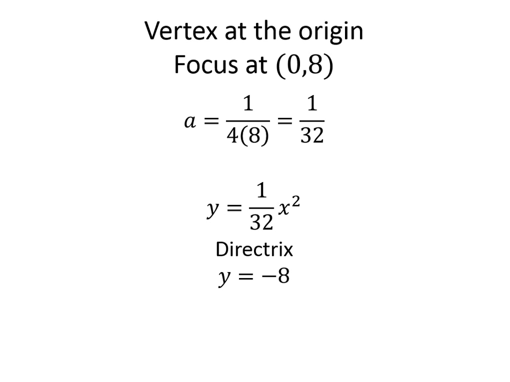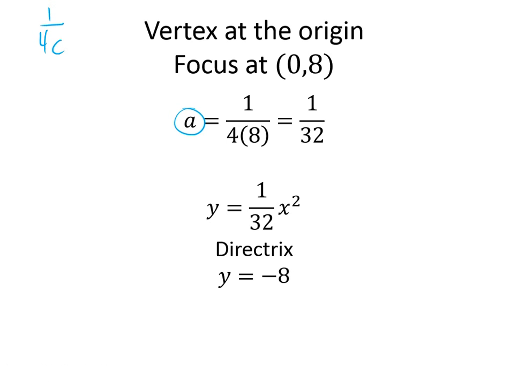All right, so if we know our vertex is at the origin, and our focus is told to be at (0, 8), we want to know what the equation is. What the equation is going to be is that we have to find the a value, and to find the a value, we're going to use that 1 over 4c.